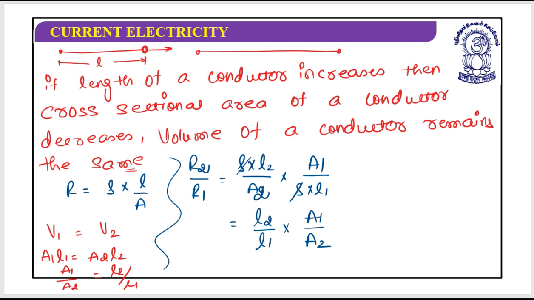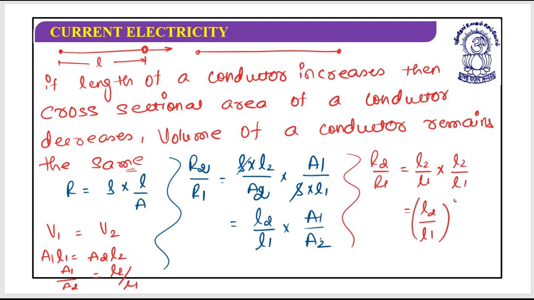So let's use this: R2 by R1 should be equal to L2 by L1 multiplied by, let's replace A1 by A2 by L2 by L1. So this is L2 by L1 whole square.